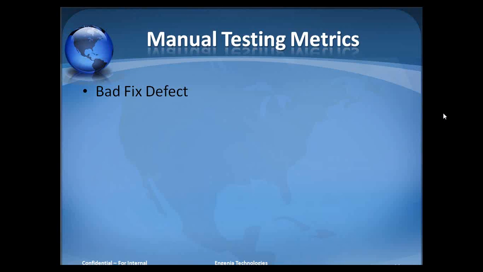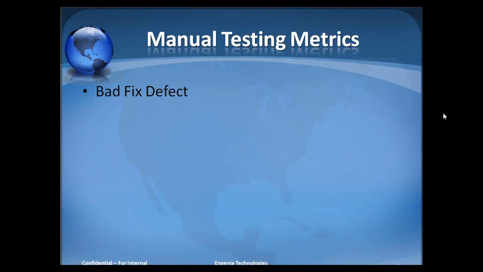The next metric is bad fix defect. There are some defects whose resolution would give rise to some new defects. For example, we have logged a defect in module A, and once that defect was fixed, the fix uncovered 2 more defects in the same module, which were previously working fine. That is a result of a bad fix.